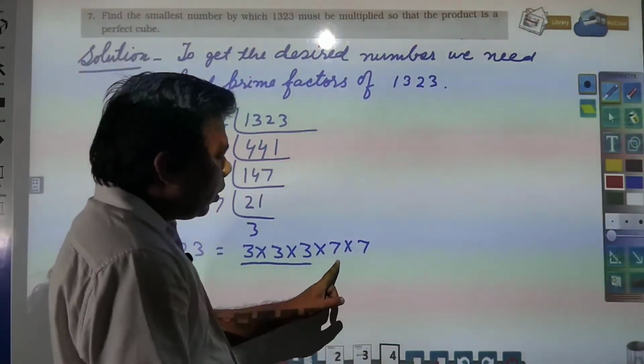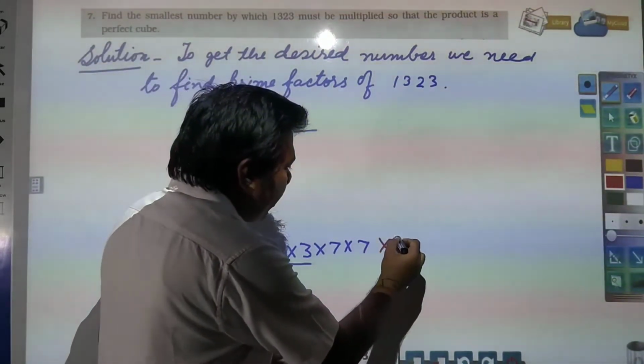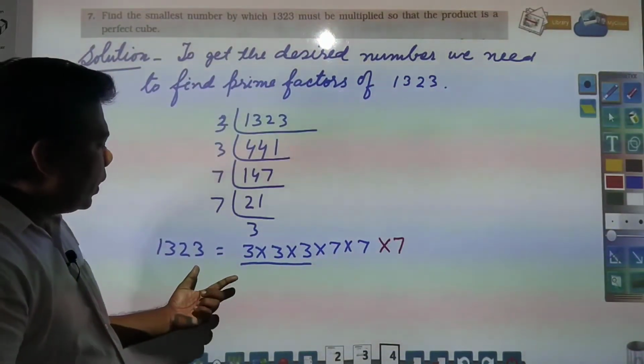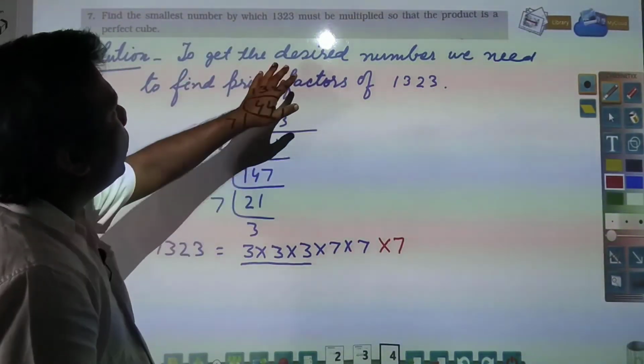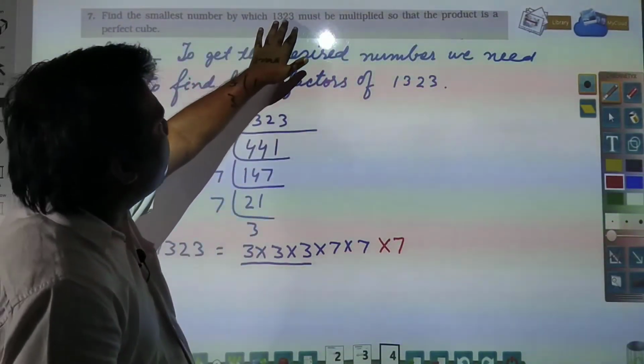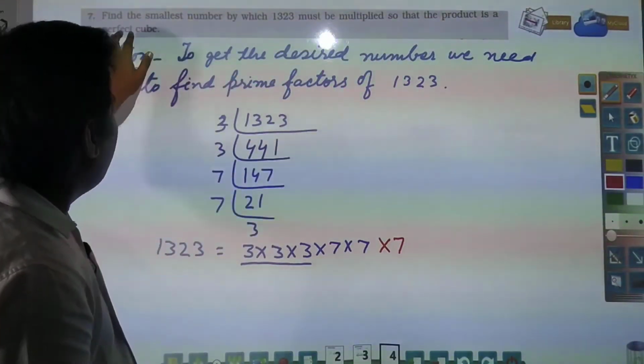But here you have not got a triplet of 7. So it is needed to be multiplied by 7 so that it will become a perfect cube. So simply you need to write what number is required to be multiplied by 1323, so the product will become a perfect cube.